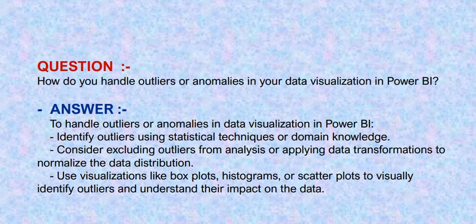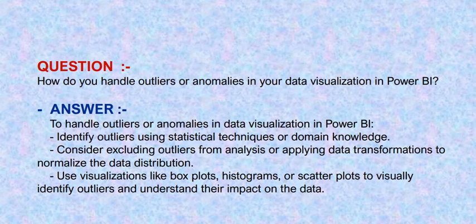Our question is, how do you handle outliers or anomalies in your data visualization in Power BI? Your answer should be, to handle outliers or anomalies in data visualization in Power BI, identify outliers using statistical techniques or domain knowledge.